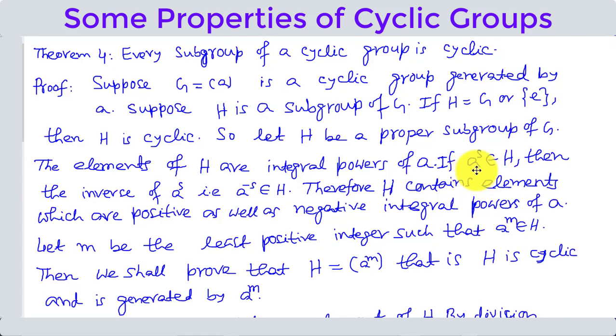If a to the power s belongs to H, then the inverse of a to the power s, that is a to the power minus s, belongs to H. Therefore, H contains elements which are positive as well as negative integral powers of a.